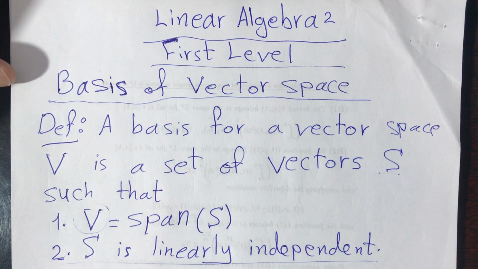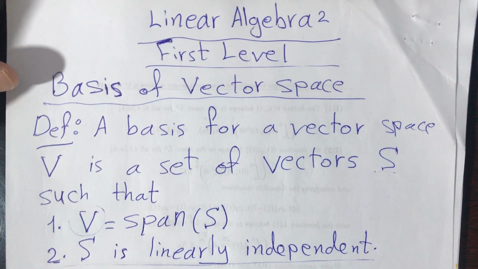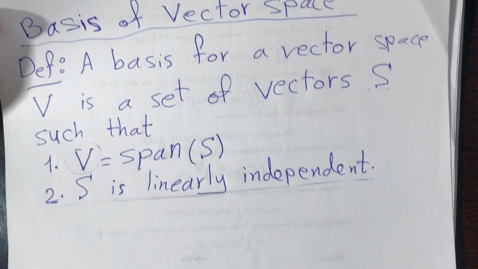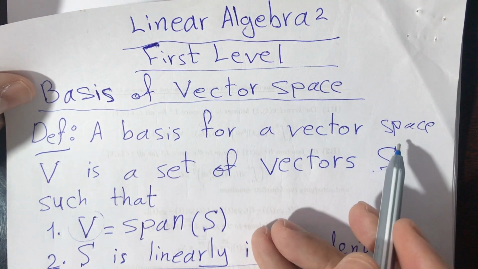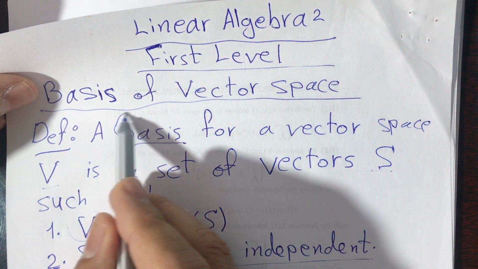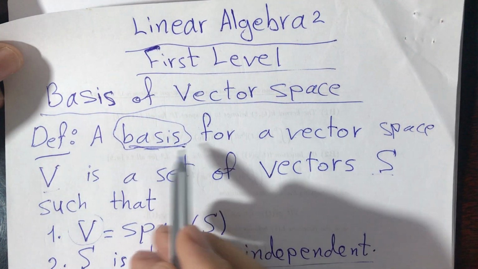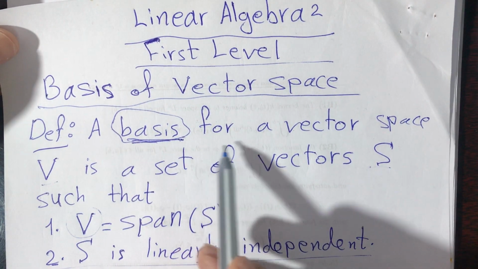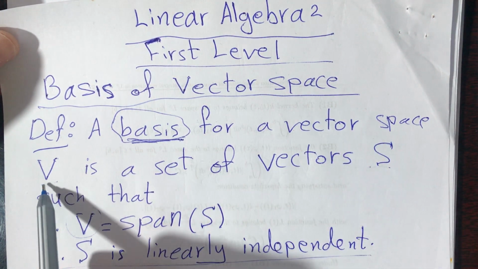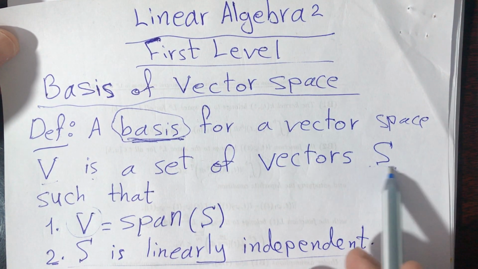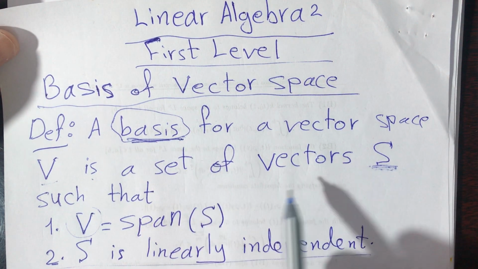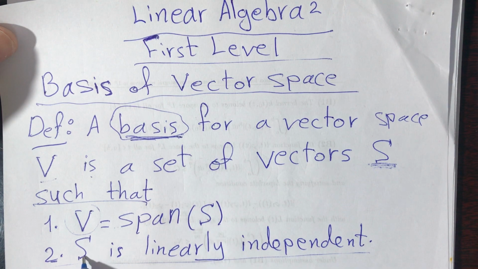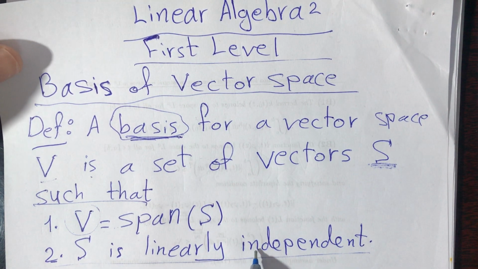So if a set satisfies these two conditions, then we say that this set is a basis for vector space V. This is the definition of basis: a basis for a vector space V is a set of vectors S such that V equals span S and S is linearly independent.